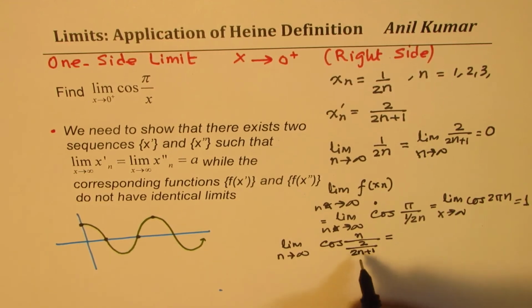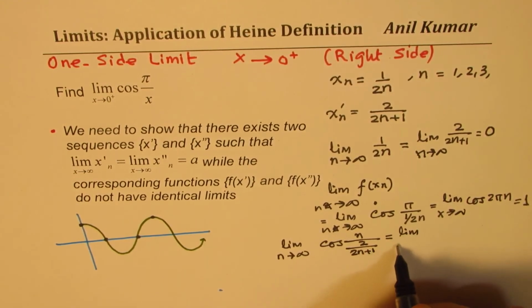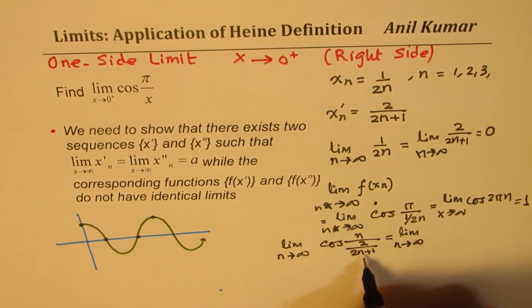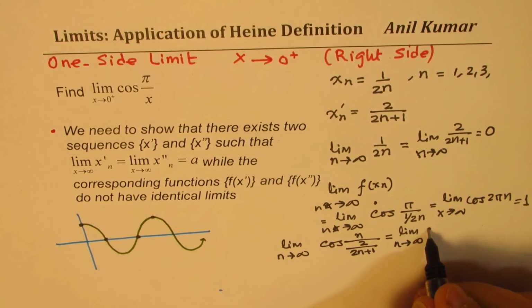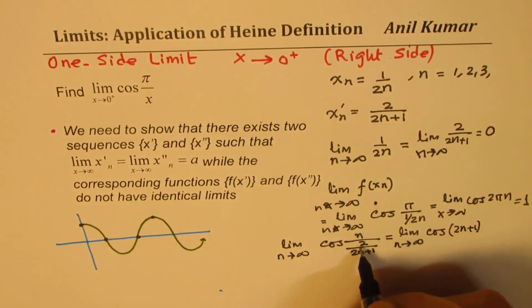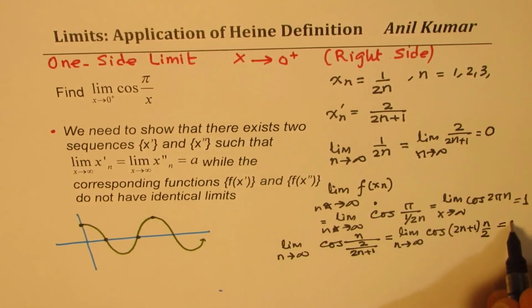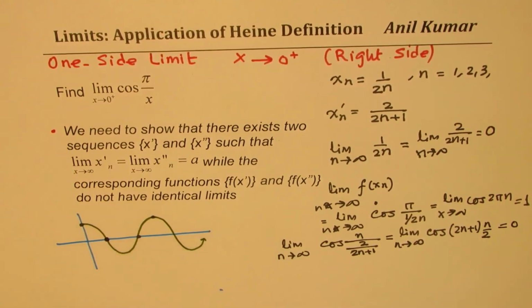So you could rewrite this by taking it on the top as the limit as n approaches infinity of cos of 2n plus 1 times pi by 2, correct? And for that, we know it is 0. Perfect. So we see that these two limits are different, right?